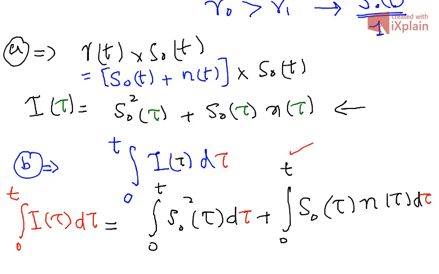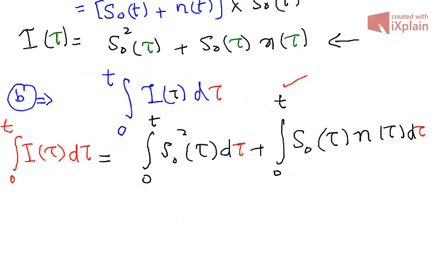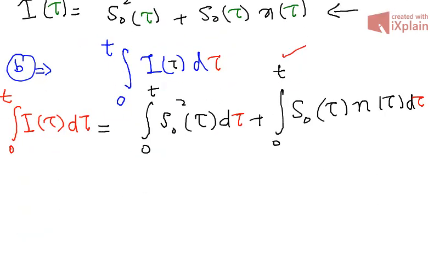We are interested in this output when this instant is equal to Tb. You can see the importance of Tb. We are interested in this output at instant t equal to Tb, or this particular value.